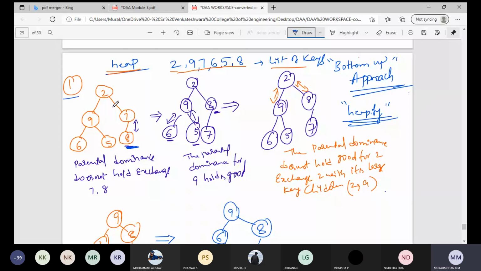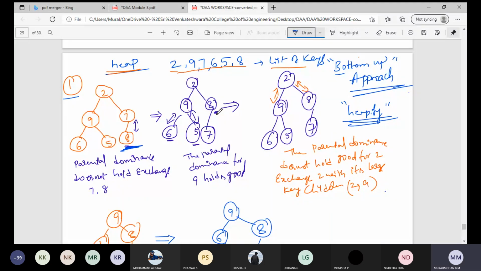Always start from the last child node. So please remember, in the bottom up approach, first you construct the tree, then you go for the heapifying operation. Is it clear?